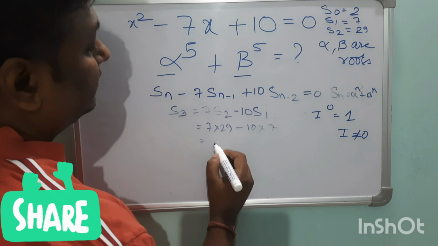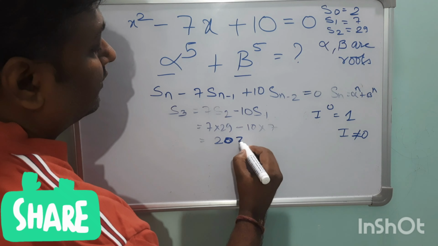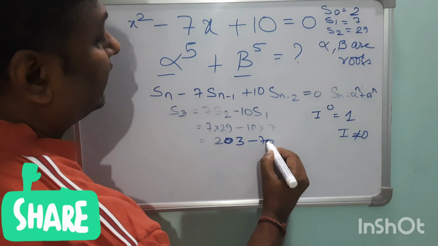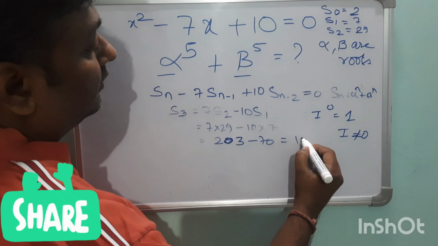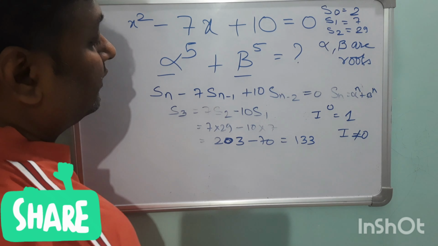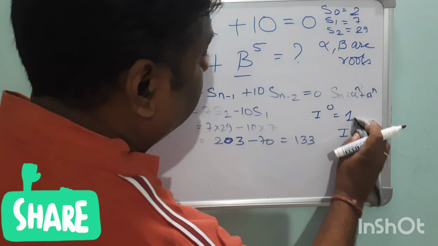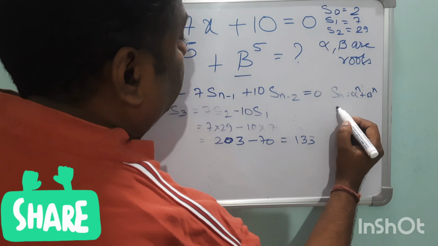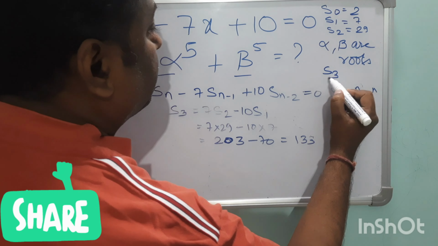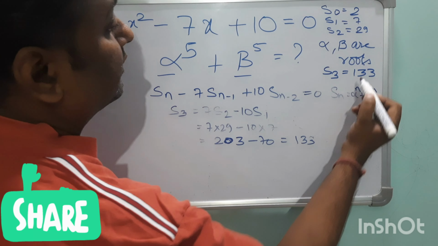So this becomes 203 minus 70. This will become 133. So S3 we know is 133.